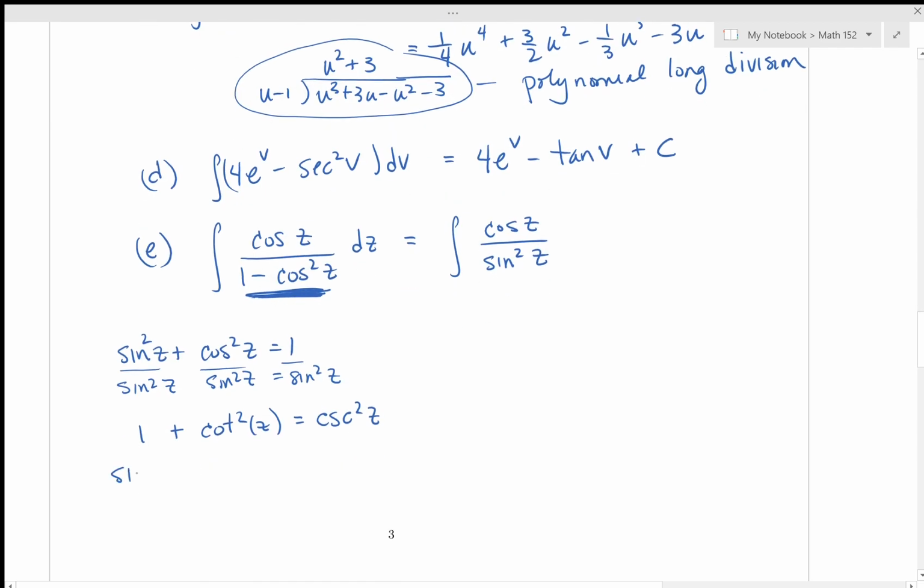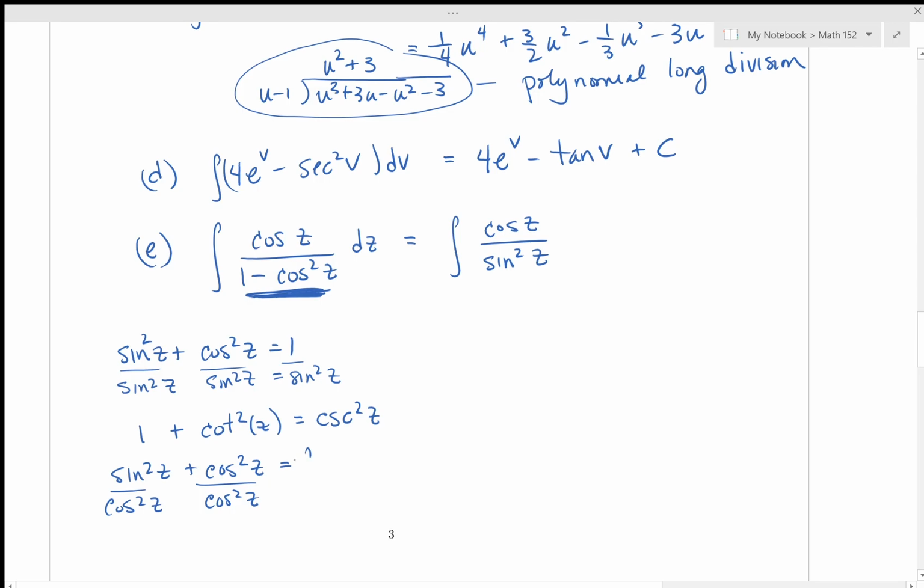Then you can take the same basic identity, sine squared plus cos squared z equals 1, which is basically a statement of the Pythagorean theorem in the unit circle. So this is just Pythagoras in the unit circle. Then I can divide both sides by the cosine squared.